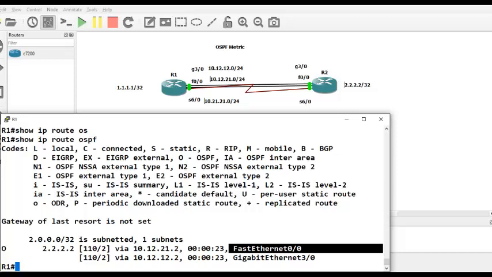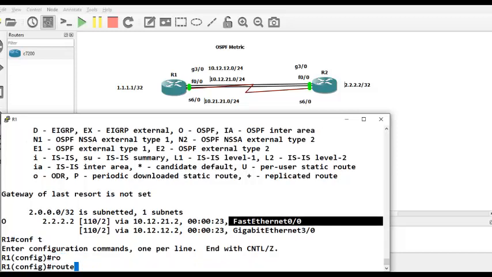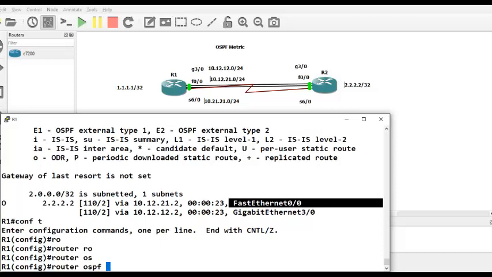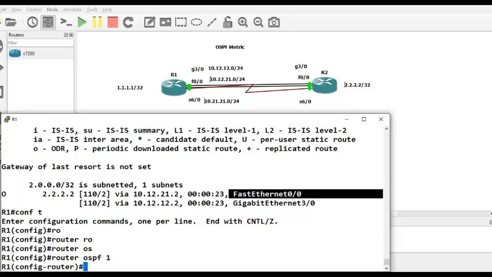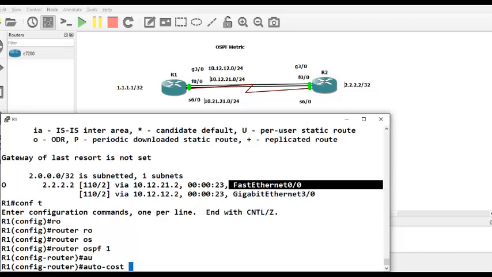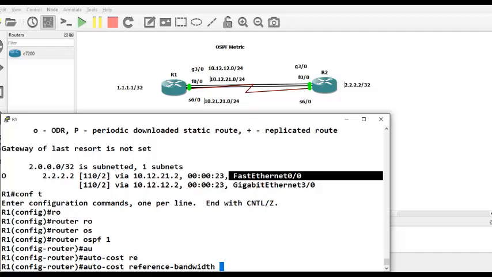For that, I go and say router Ospf 1. See, auto cost. That's what I was telling from the beginning. Dynamic cost calculation, automatic, auto cost calculation. When you do automatic cost calculation, let your reference bandwidth be 10,000.